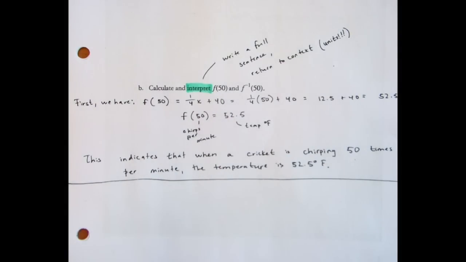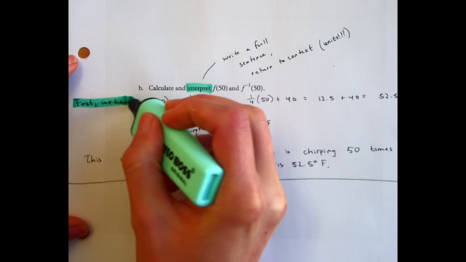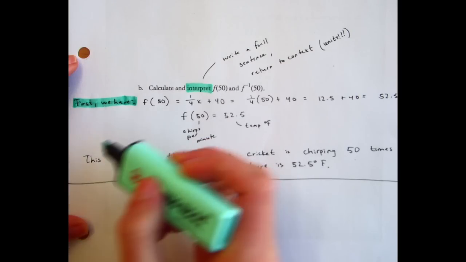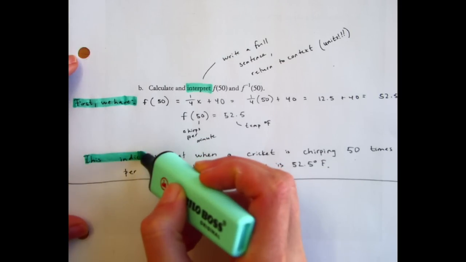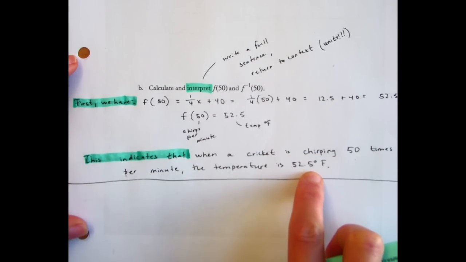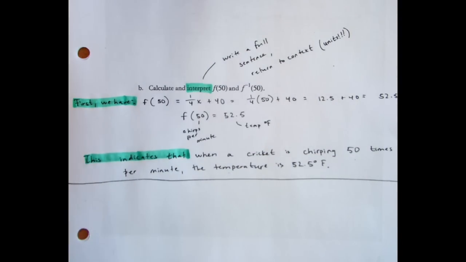When you are structuring your responses to these types of questions, for today at least, you're going to follow this exact same structure. You're going to say first we have, do the math, then use the sentence starter: This indicates that when a cricket is chirping 50 times per minute, the temperature is 52.5 degrees Fahrenheit. What we plugged into this part of the sentence is the input and the output, and then we just attached units to those inputs and outputs.